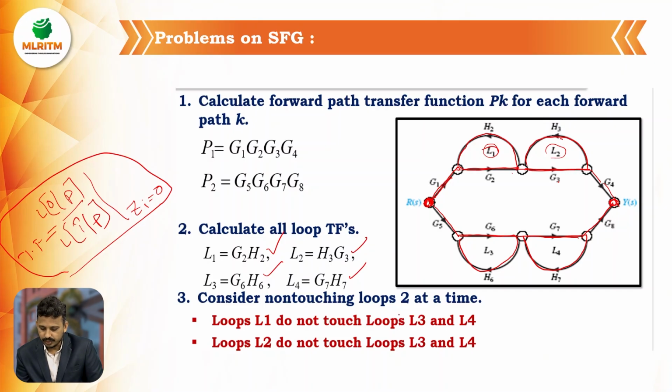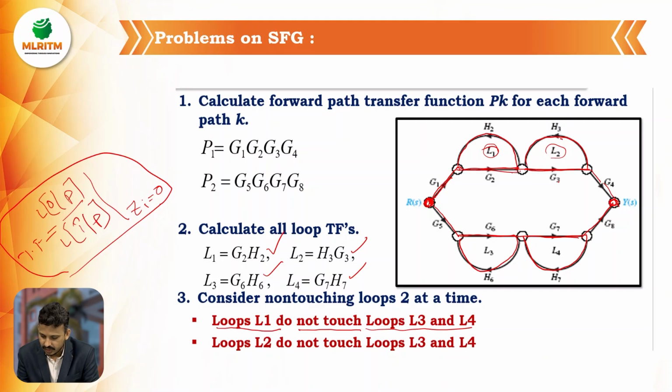Now considering non-touching loops. There are a total of 4 loops, and for non-touching loops, one loop should not touch another loop, meaning it should not share a common node with another loop. So let's start. Loop 1 is not touching loop 3 and loop 4.